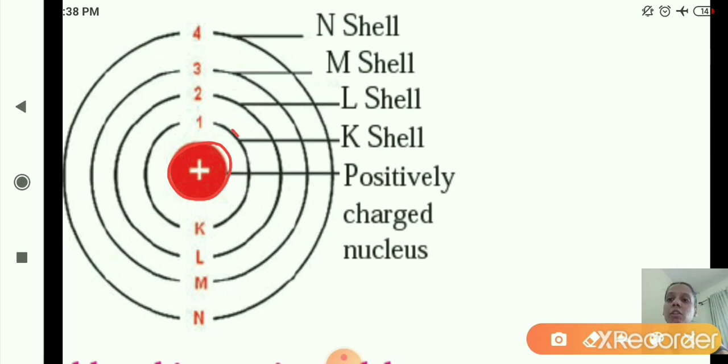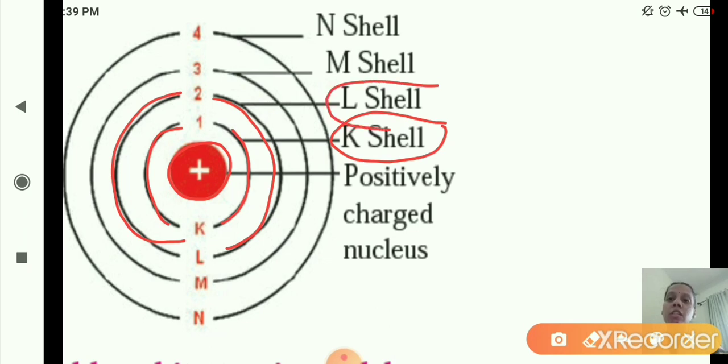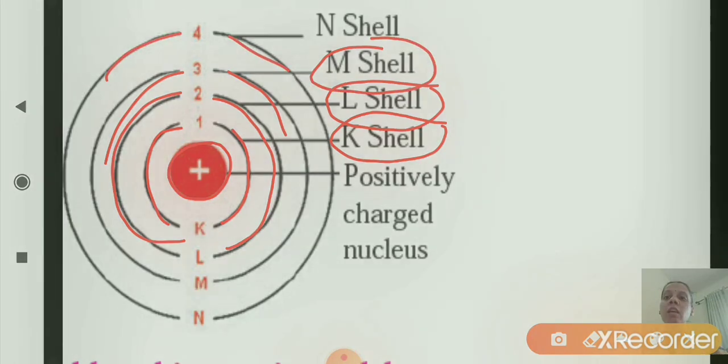The shell which is closest to the nucleus is called the first shell, that is K shell. Then the second one is L shell. Then the third shell, that is M shell, and the fourth shell, that is N shell.